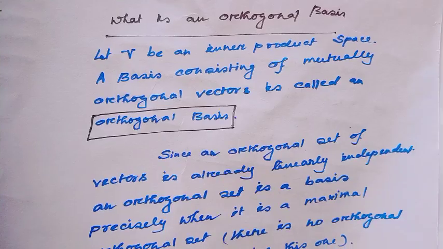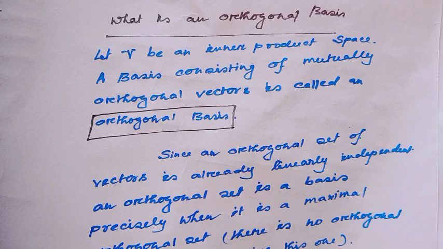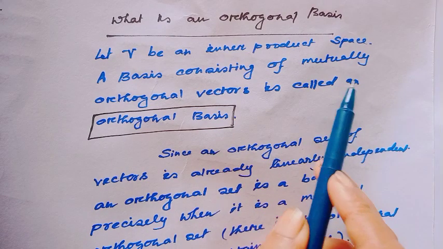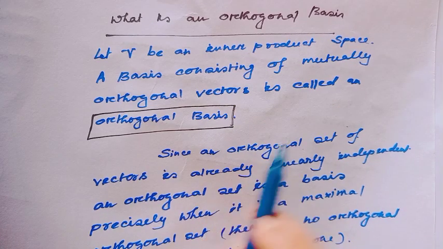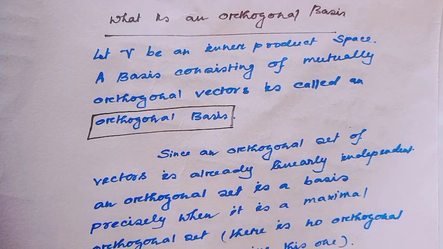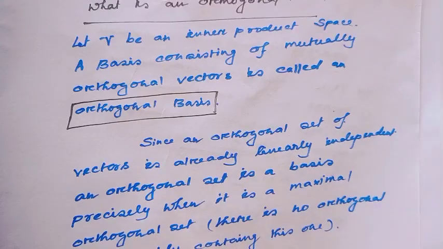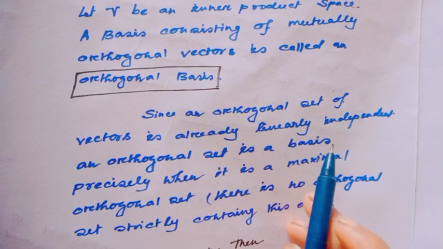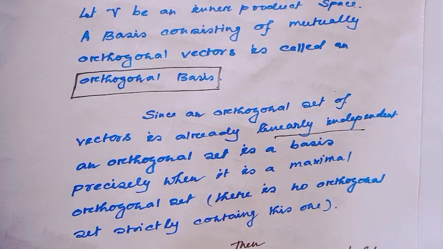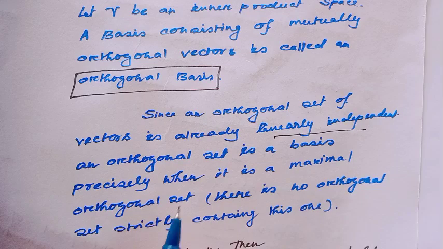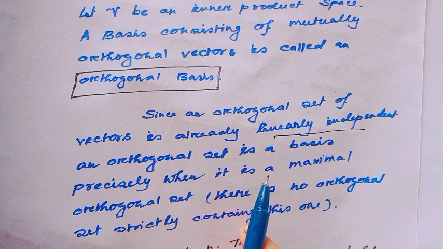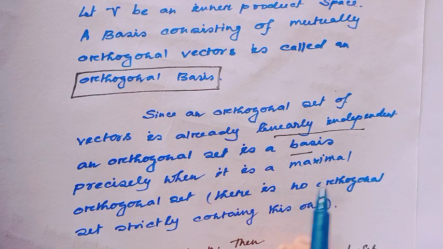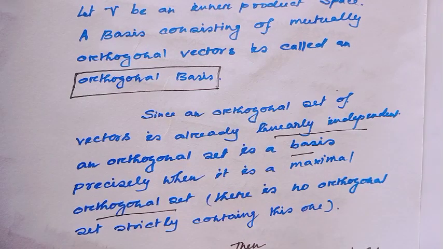Okay? Let us learn about the orthogonal basis. We all know a basis which consists of mutually orthogonal vectors is called an orthogonal basis. Since I have seen that an orthogonal set always implies linear independence, an orthogonal set is a basis precisely when it is a maximal orthogonal set.